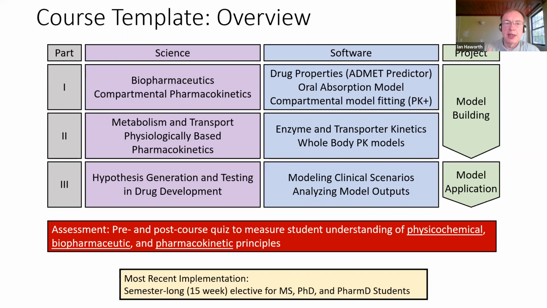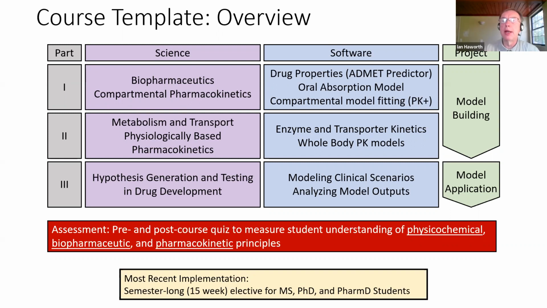Start to think about how the physiology interacts with the drug disposition. And of course, that then leads to whole body PK models and simulation at that level. And then the third part is a more open-ended issue of saying to the students, okay, you know this process now, develop some hypotheses and test them. And that's very broad at this point, but we'll put in a lot of details.